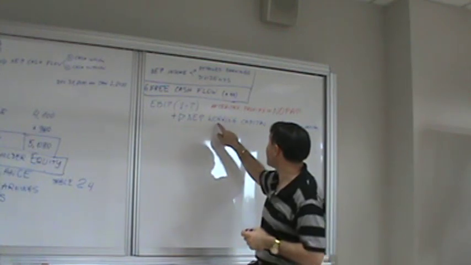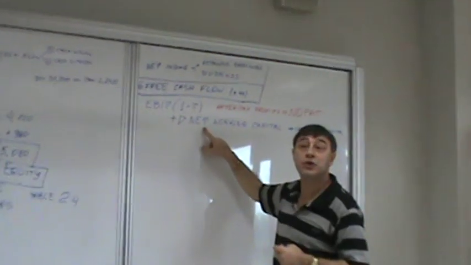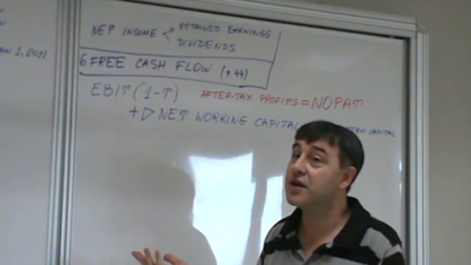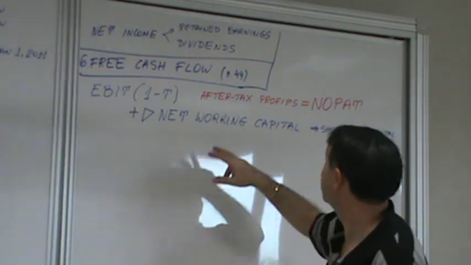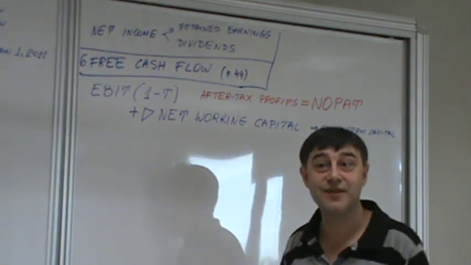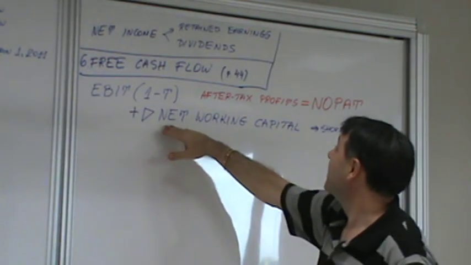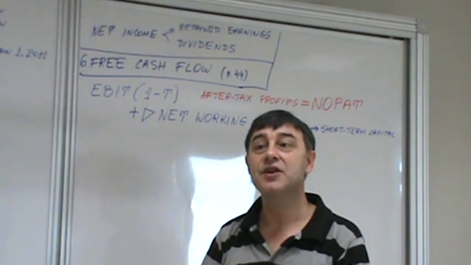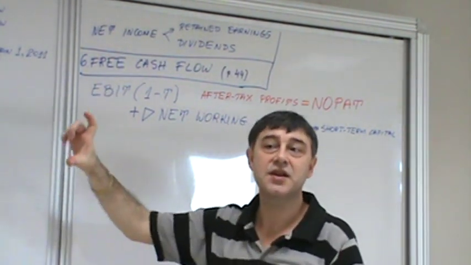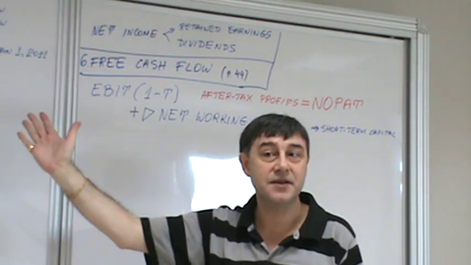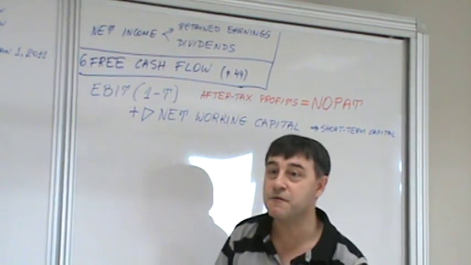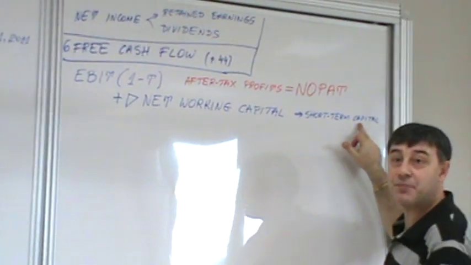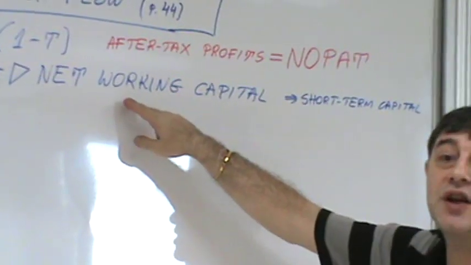You need extra working capital to finance the 2 new computers, and they will be financed from after-tax profits, from retained earnings. So an increase in net working capital is essentially extra capital to finance the 2 extra laptops that you want to sell. A businessman will need to find the cash, the working capital, which is short-term capital, used in this case for inventory.